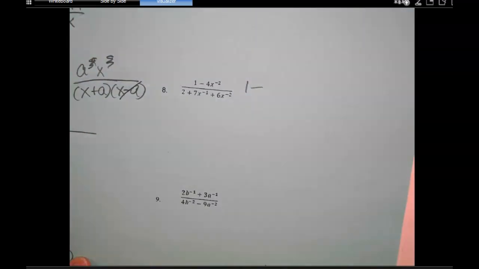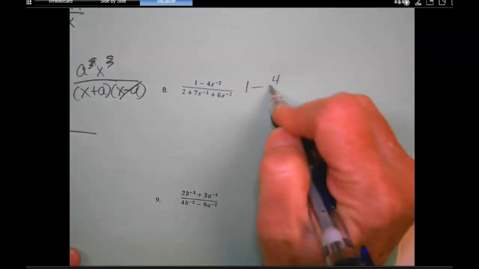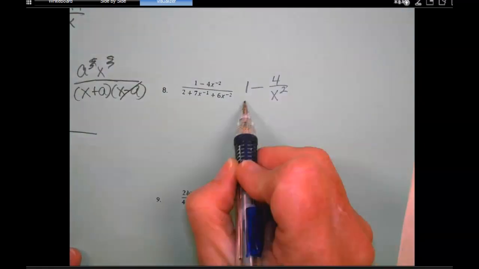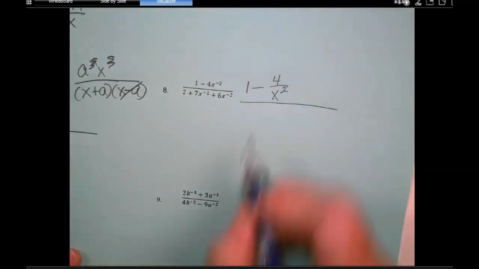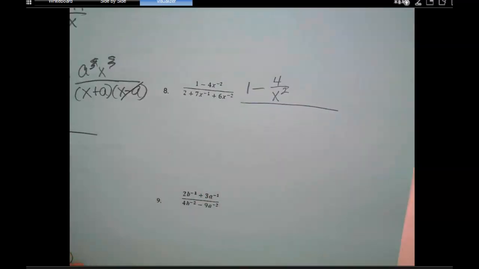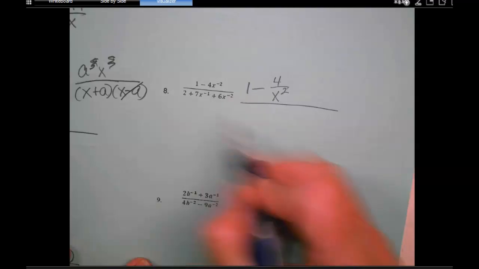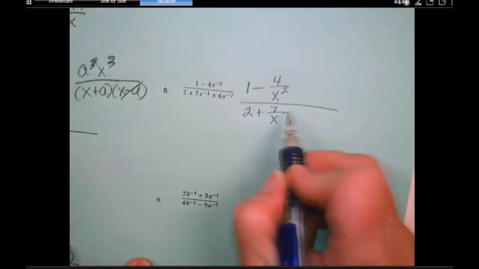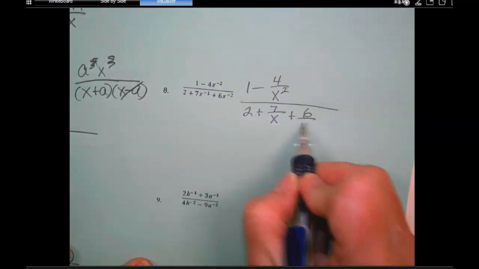Is it on the 4? No. So the 4 stays on top and the x squared goes on bottom. Again, notice still no logs. I have a 2 plus 7 over x plus 6 over x squared.